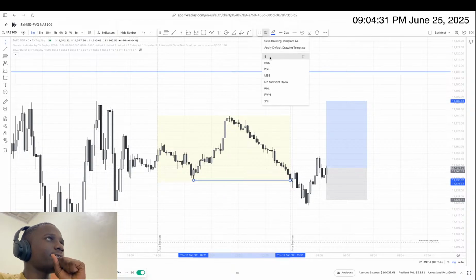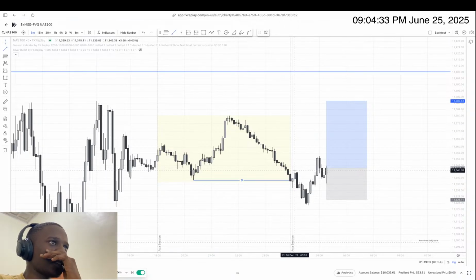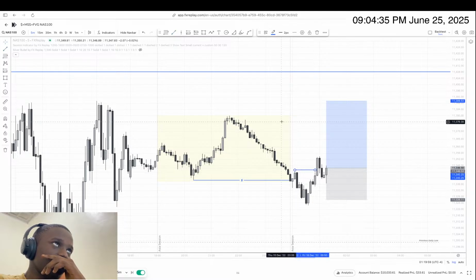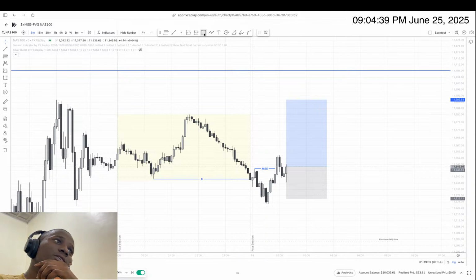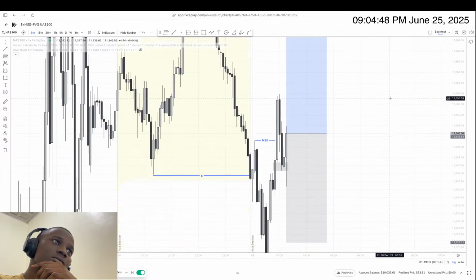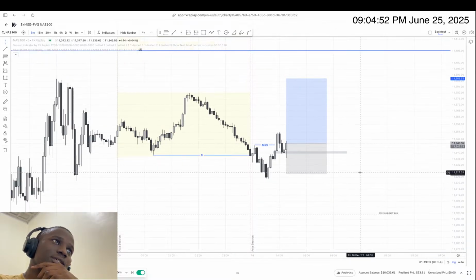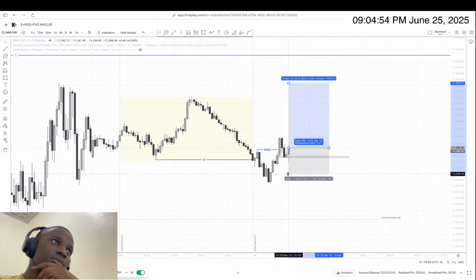Which means we have a good sweep, then an internal shift, then a small fair value gap retracement. We'll retrace into this one. Considering we're rejecting, the stop loss might be right there.